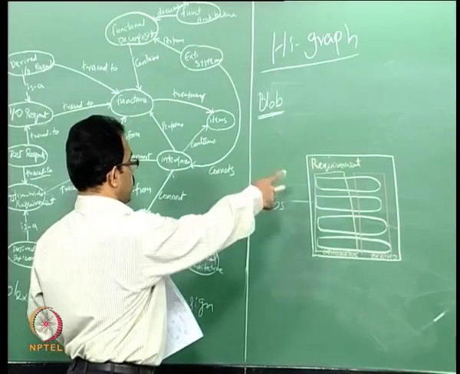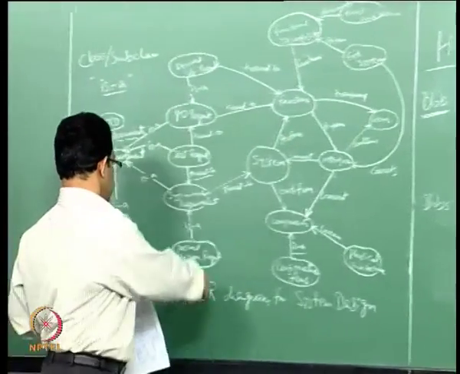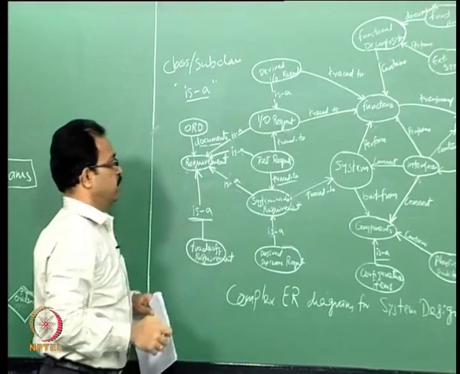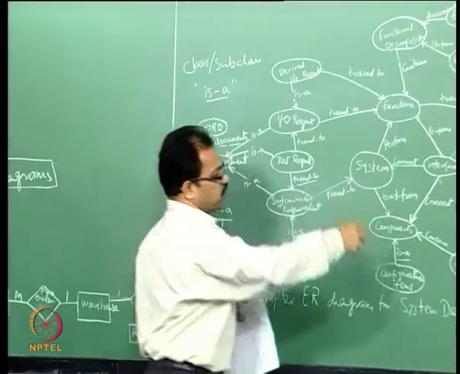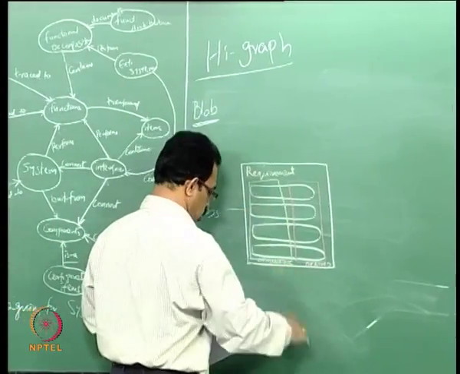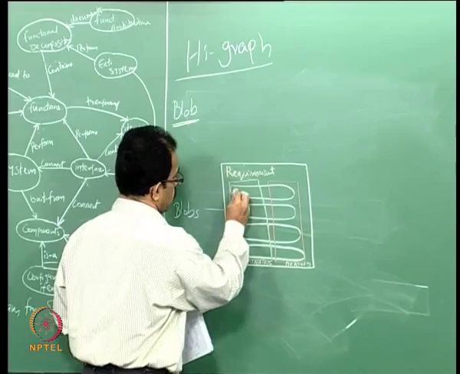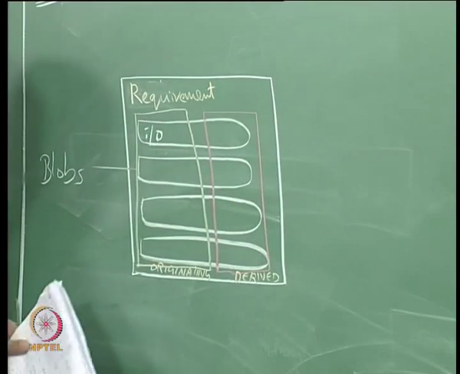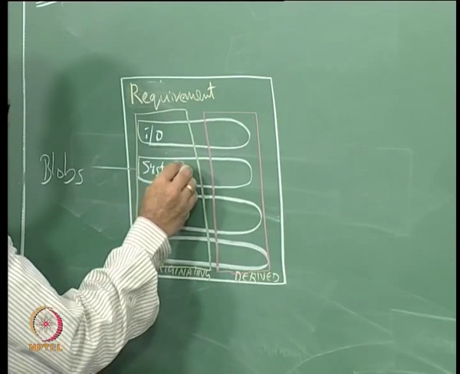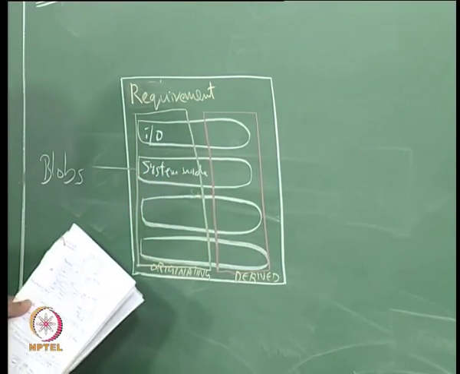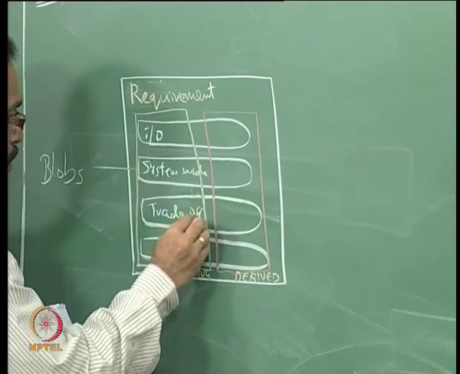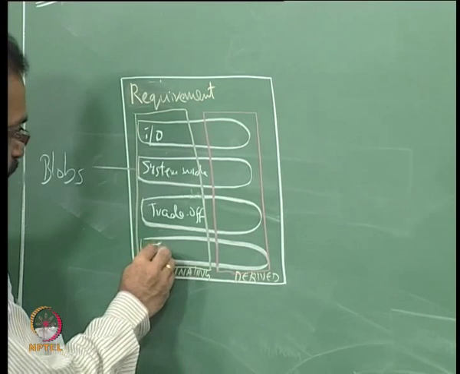And here we can see that the derived requirements and the originating requirements are here. We can represent all of them in a single entity, and here we can see this is the input output requirement, and this is the system wide requirement, then trade off requirement, and then test requirements.